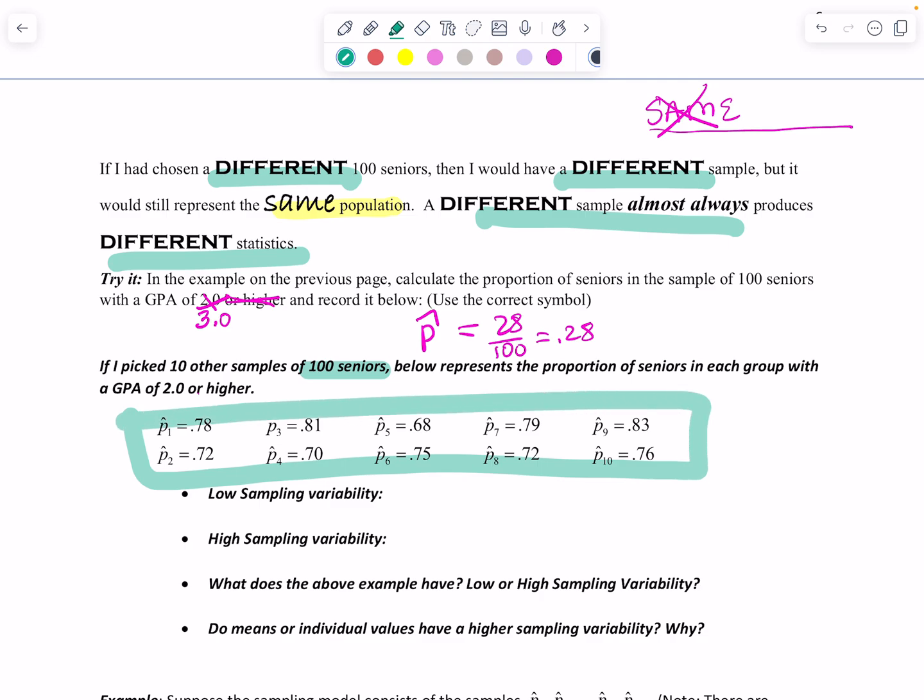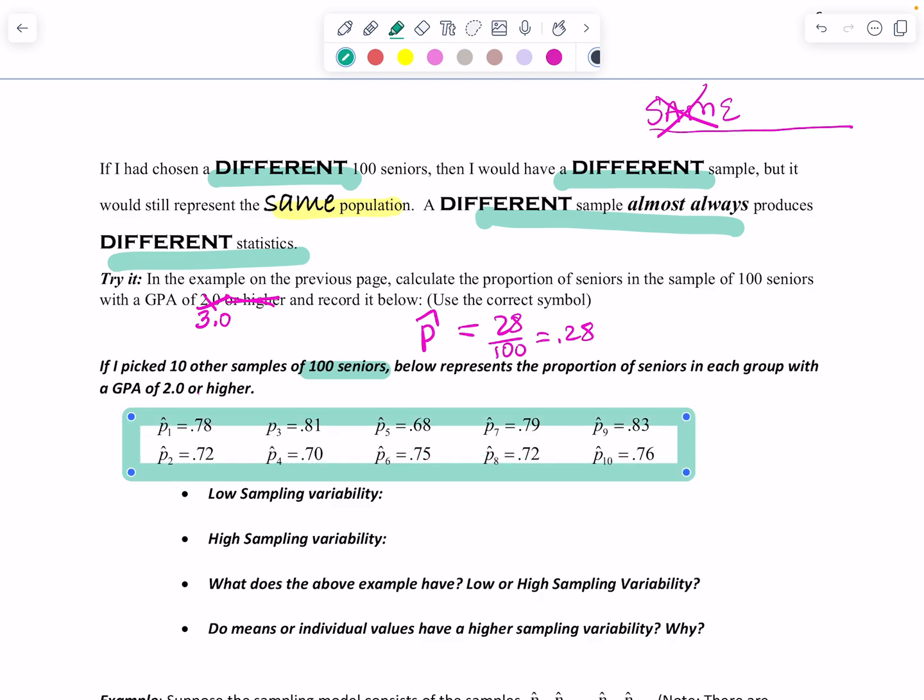If you notice, the data is really similar, but it's not exact. And it does have quite a bit of variability, because you can see that the lowest one is 0.68 and the highest one is 0.83. But in general, it's within about 15%.